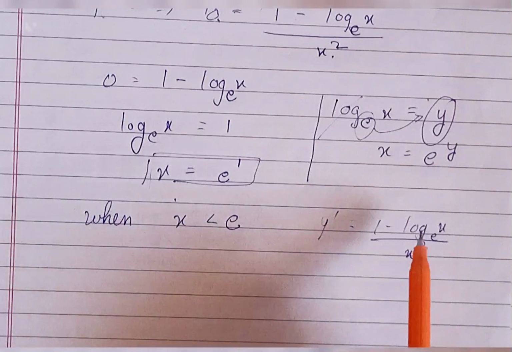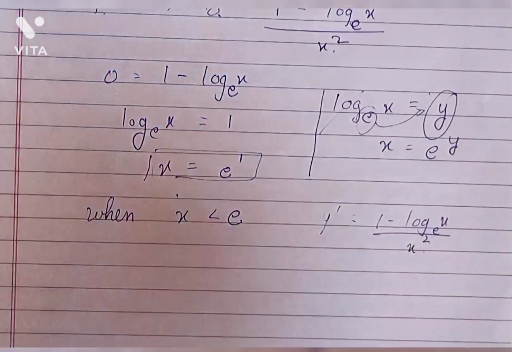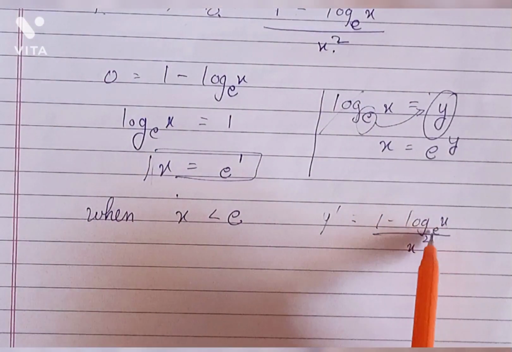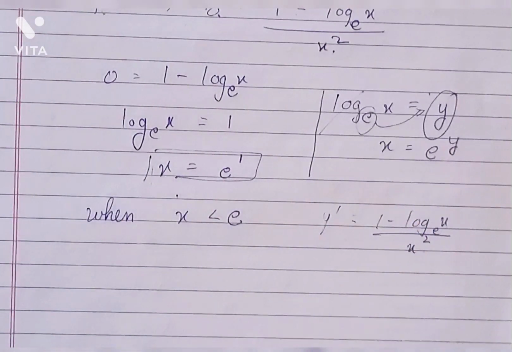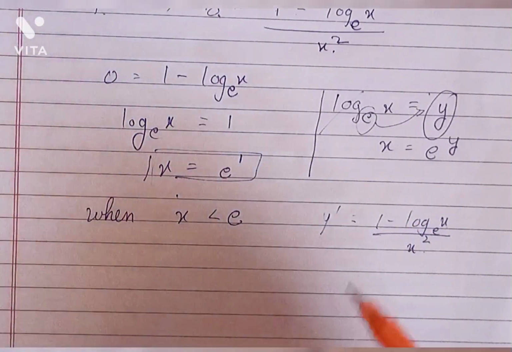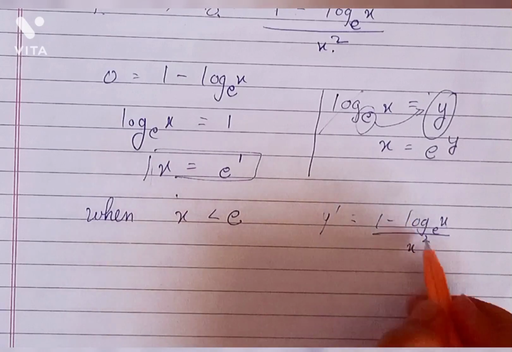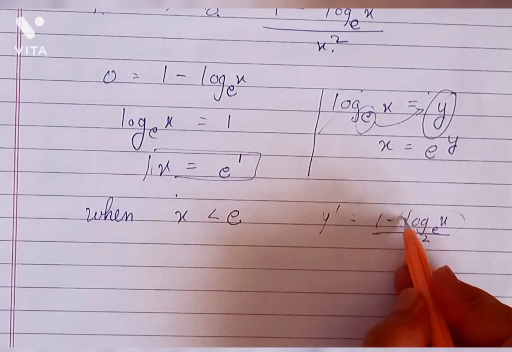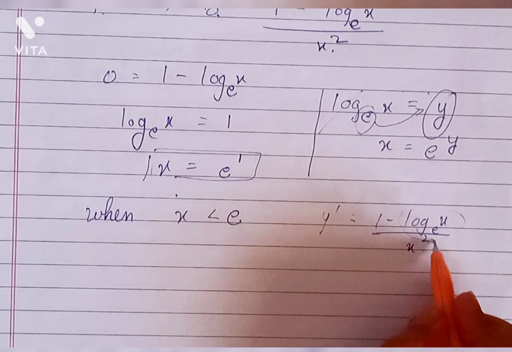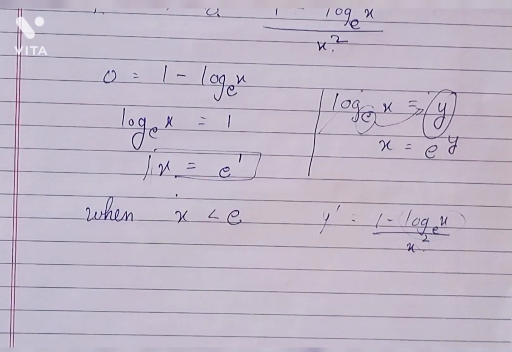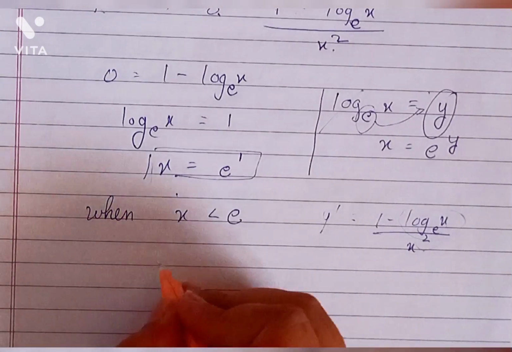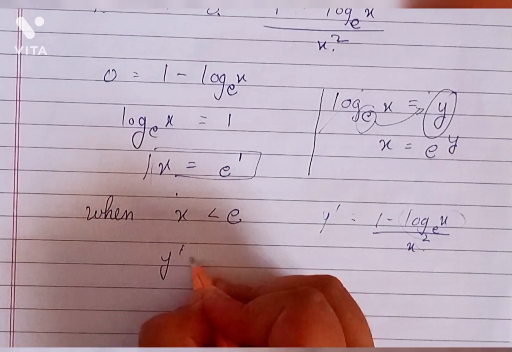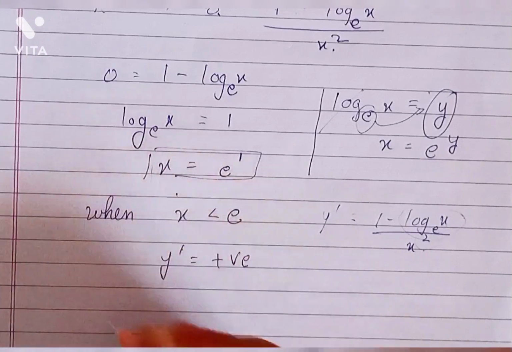We know log e to the base e is equal to 1. Now since x is less than e, log x is less than 1, so the numerator is positive, and in the denominator there is an even power, so it will always be positive. So our y dash will be positive always, right?